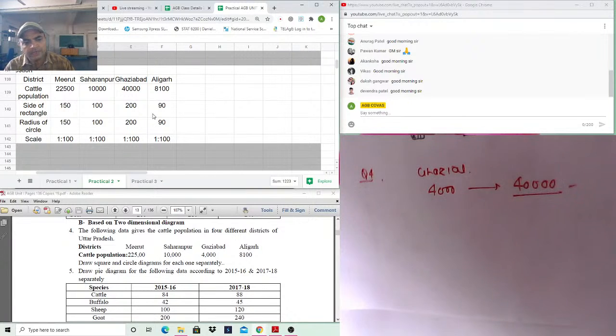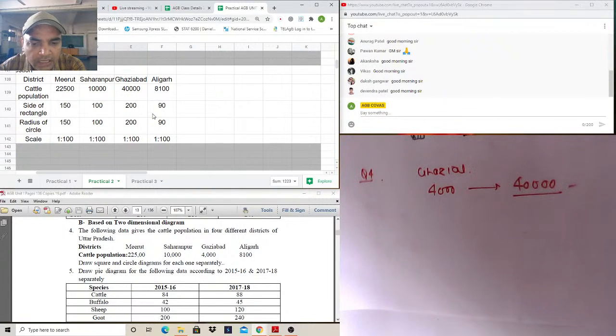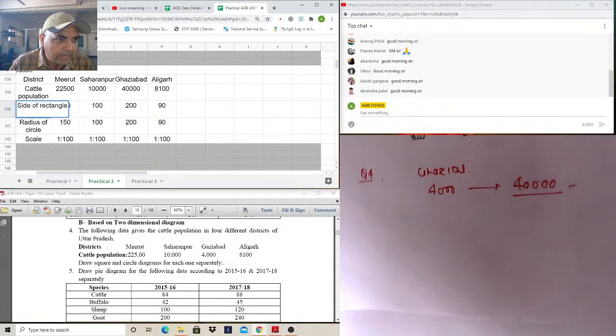So, particularly in 2D or two-dimensional diagrams, instead of the length of the bar, okay, here we are concerned with the area of the structure. Okay, it can be a rectangle or a square, or it can be a circle. Okay, so accordingly, here it is a square.